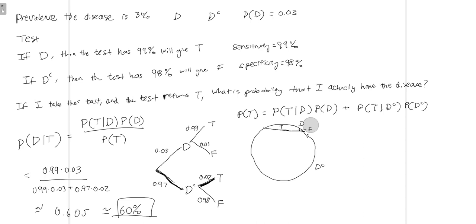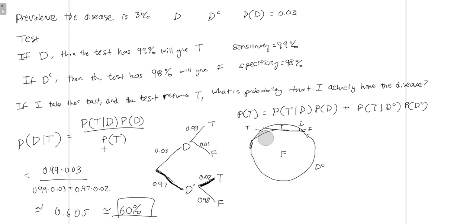Let's say this 98% here is false, and then this 2% here is true.